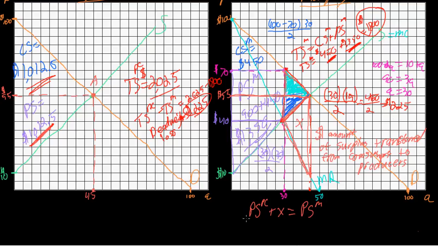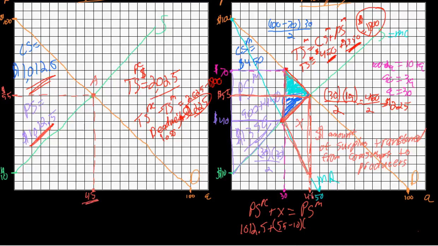So we have 1012.5 plus, now the area of X is 55 minus 10, just the base, times the height, which is going to be 45 minus 30, all divided by 2. This 45 is the equilibrium point from perfect competition, so we're just going to steal that information from over here.